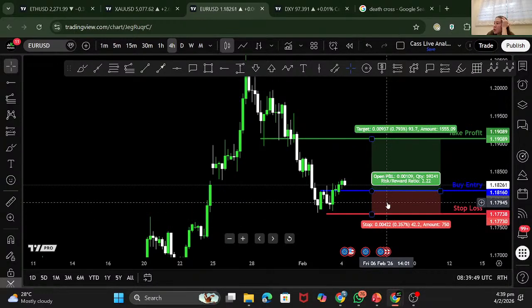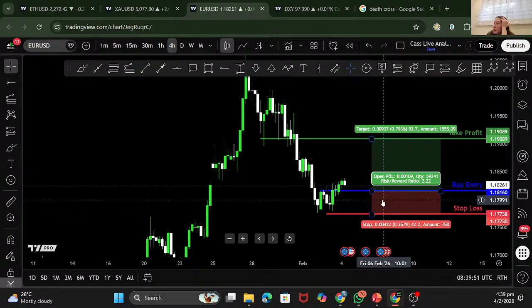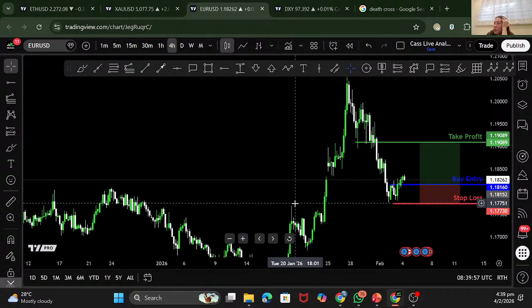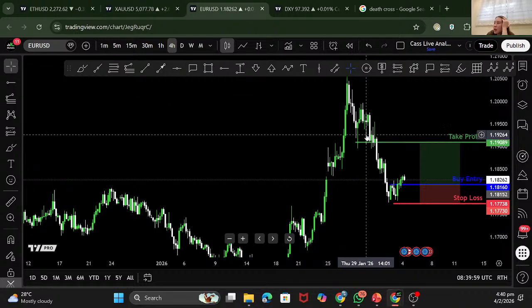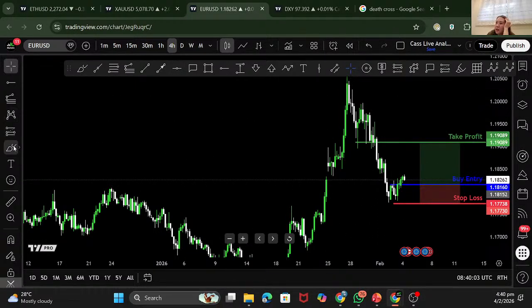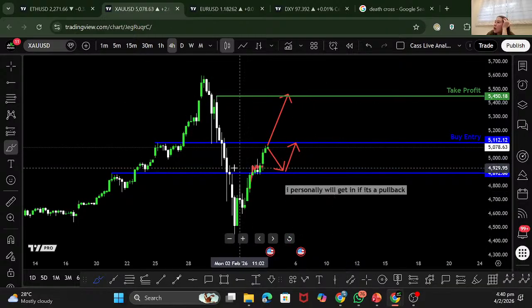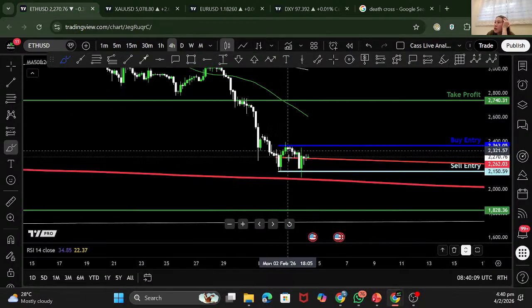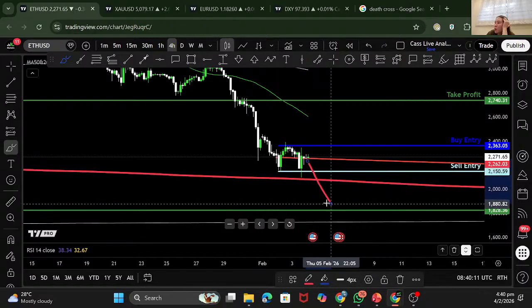Yeah, I'm happy with this setup. I don't think it's a high probability setup. I think it's a mid probability. Out of everything that I showed you guys today, I think this is an okay trade. I'll probably get in at a very small lot size. This for sure if it pulls back, and this only when it pulls back.